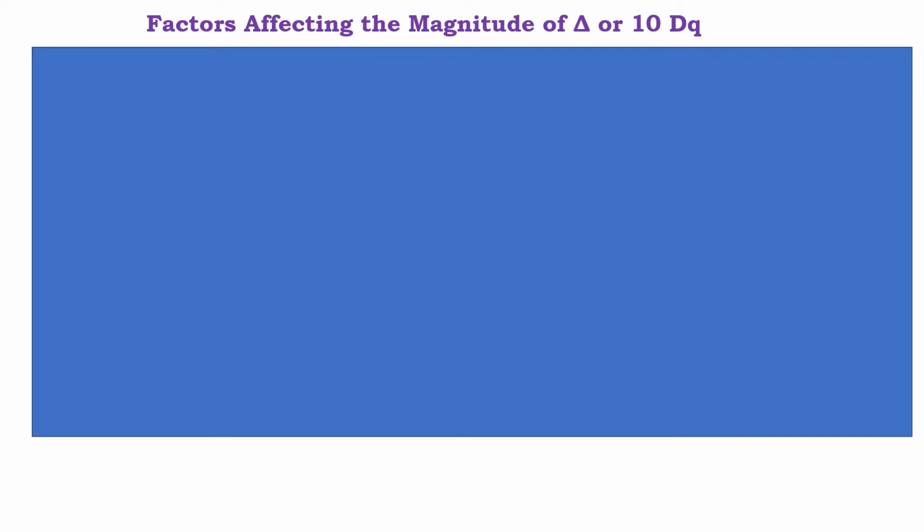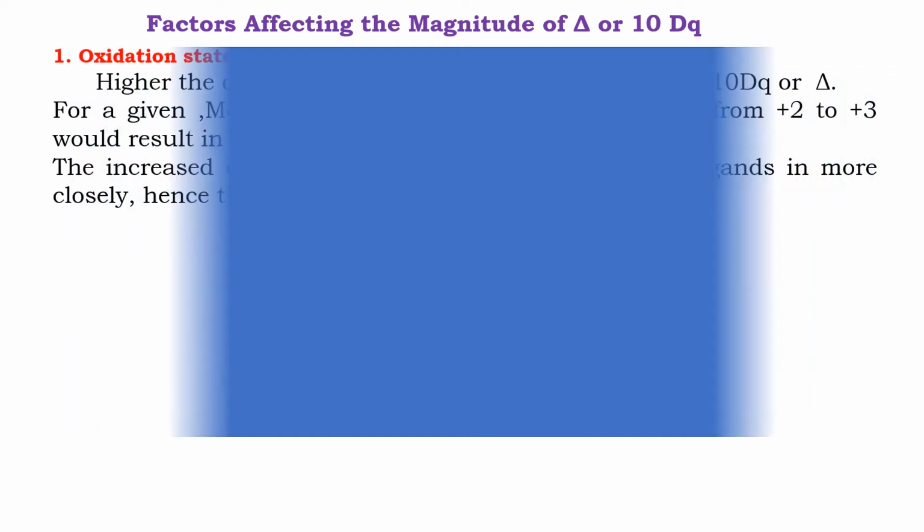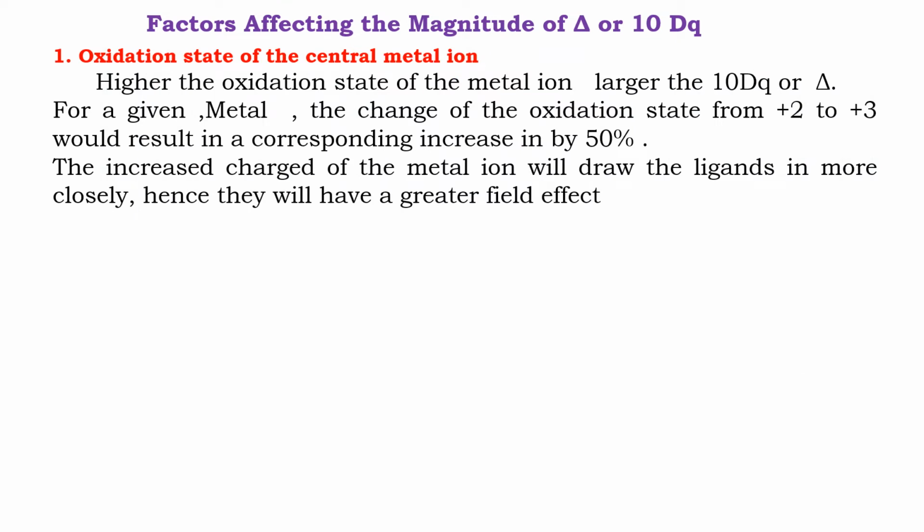That means for any metal ion having the same ligands, but in different oxidation states, in the same geometry, as the oxidation state of the central metal ion increases, the 10Dq value increases. When we move from +2 to +3 oxidation state, the value increases by 50%.